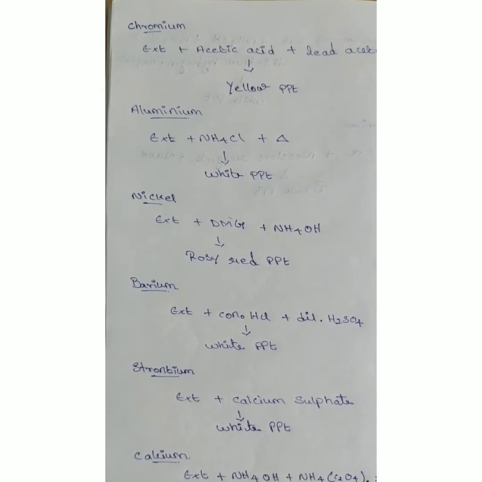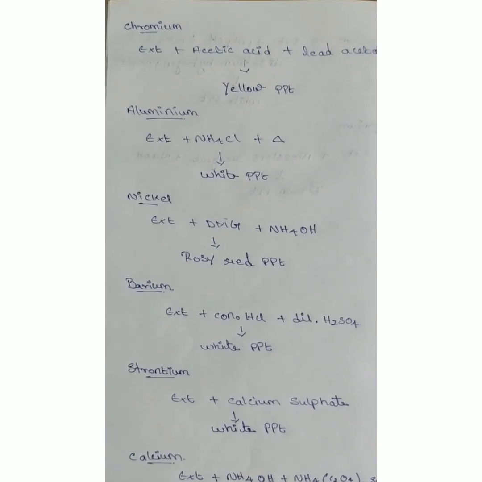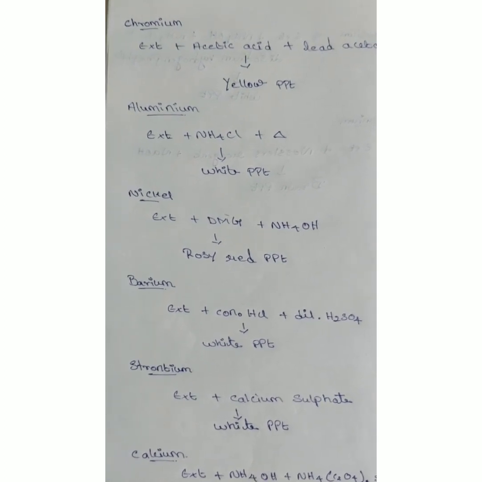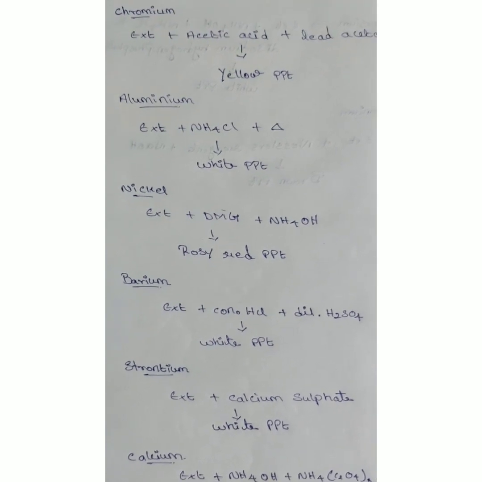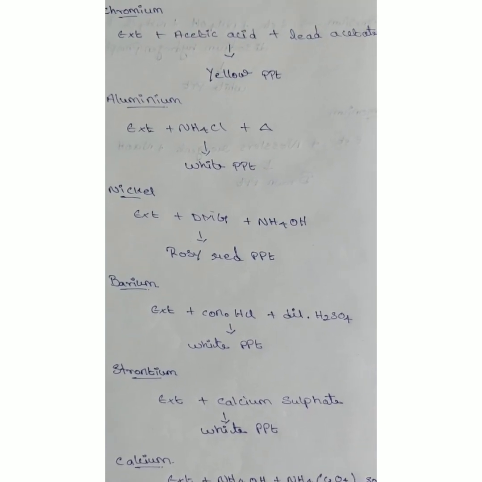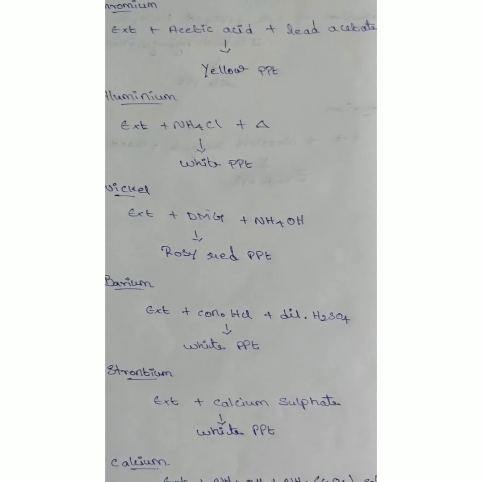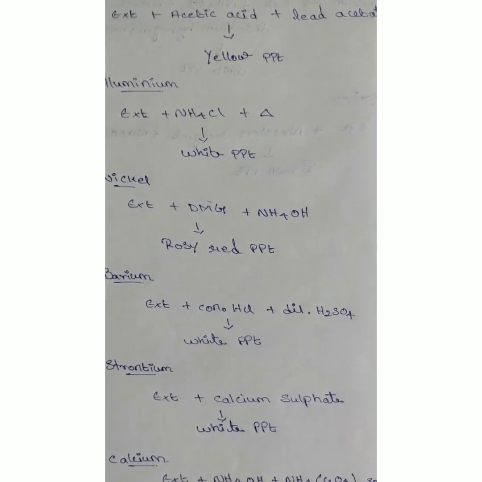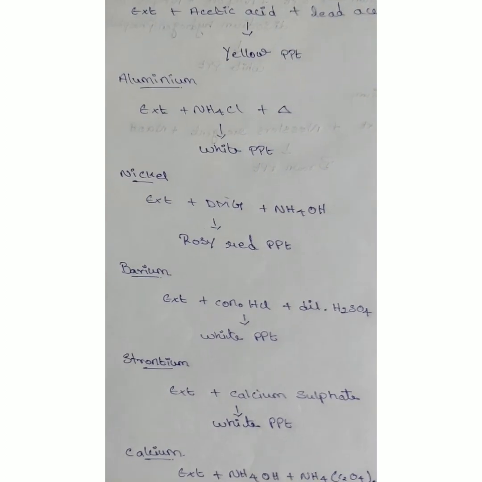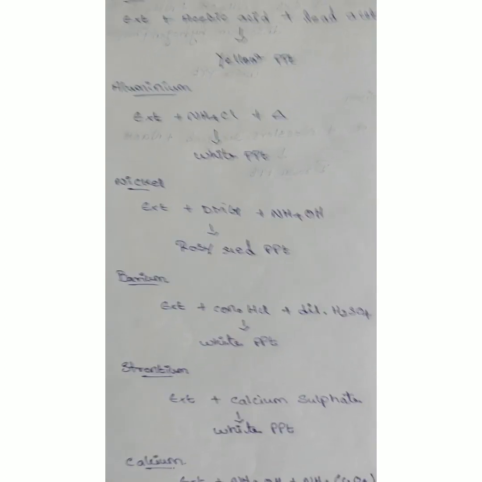To test aluminium, the extract is mixed with NH4Cl and heated to get a white precipitate, which confirms aluminium. Nickel: the extract is mixed with DMG solution, that is dimethylglyoxime solution, and NH4OH solution to get a rosy red precipitate which confirms the presence of nickel.